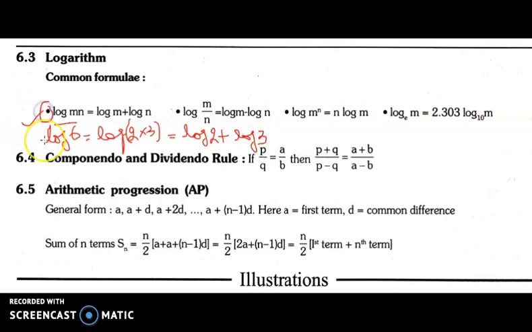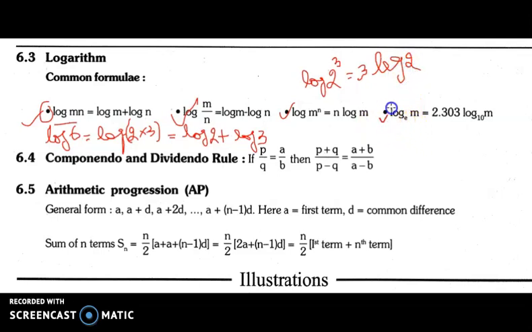Again, this is a topic which does not have any direct application in physics, but it will be used indirectly at many points. Log m by n means log m minus log n. Log m raised to the power n: if we have to calculate the value for log of 2 cube, it will be 3 into log 2.